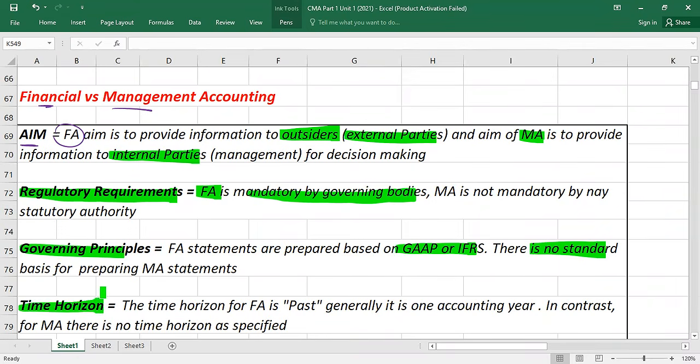Then time horizon. When you prepare the financial statements, you prepare them at the end of the period, so it covers generally the last 1 year. But in management accounting, there is no time horizon. You can produce reports for any particular period.